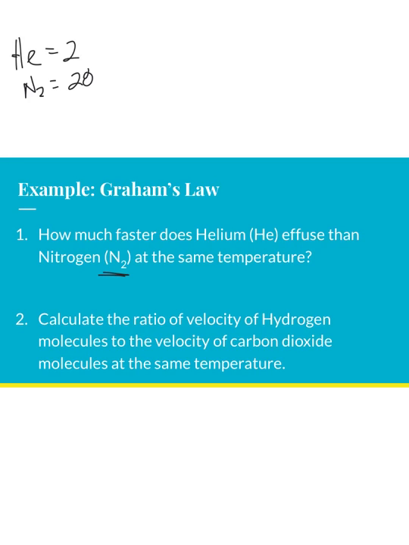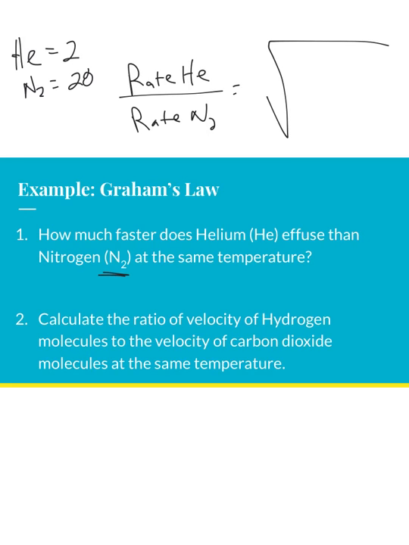So the rate of helium over the rate of N2 equals the square root of 28 divided by 2. When I solve that out, 28 divided by 2, I get the square root of 14, which is around 3.74.